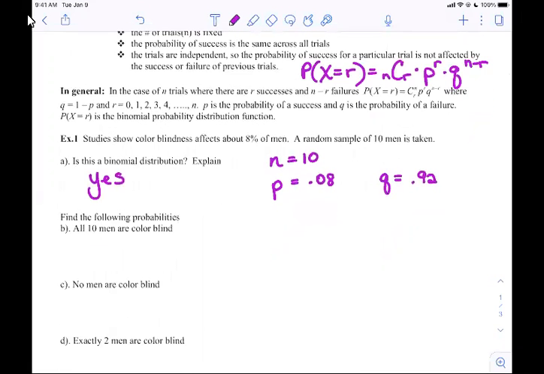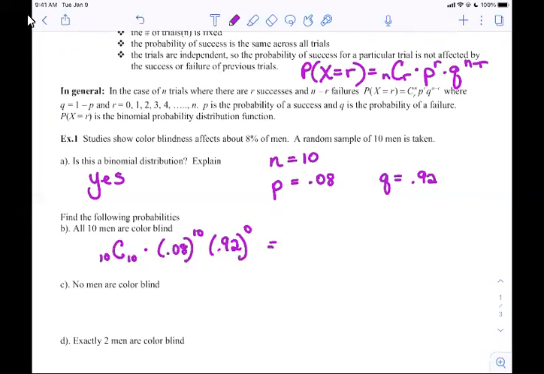Now it says find the following probabilities that all 10 men are colorblind. Well, one way to do this is to use this formula. And we're actually not going to use it, but we're going to start with it. Do you happen to remember when we were doing binomial theorem? We practiced that on that test.